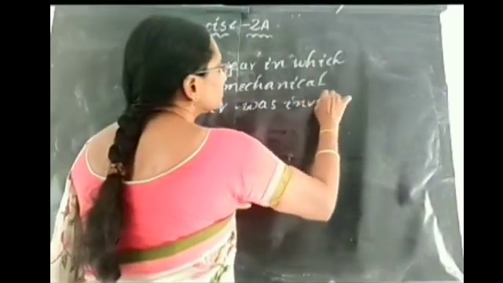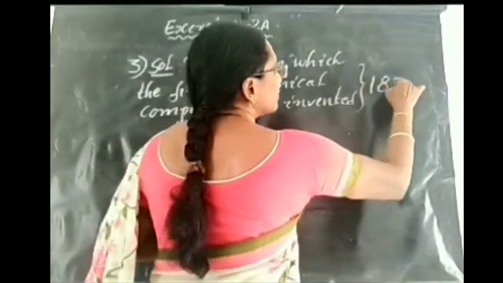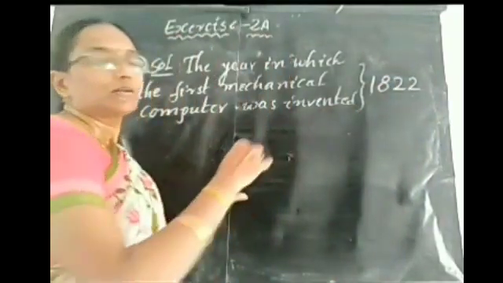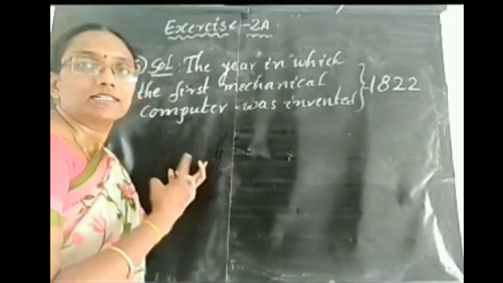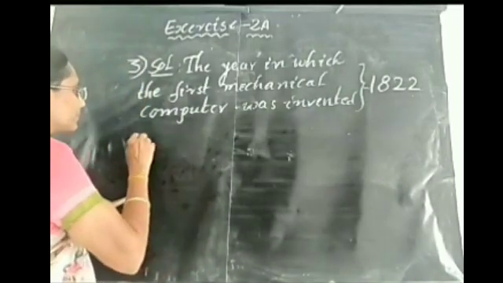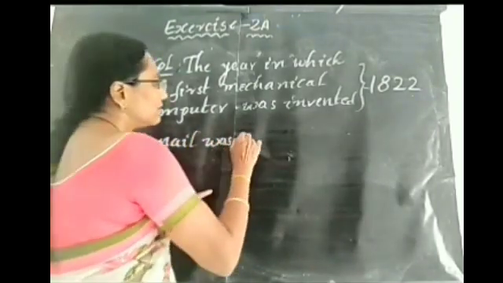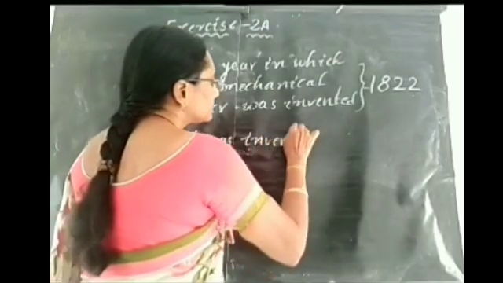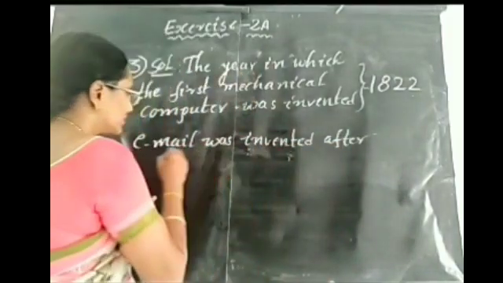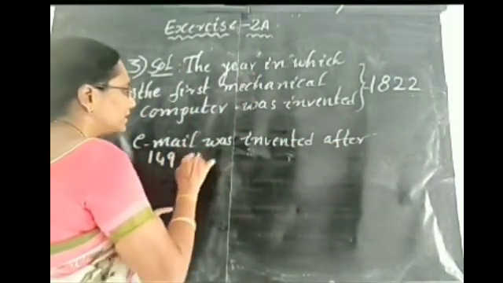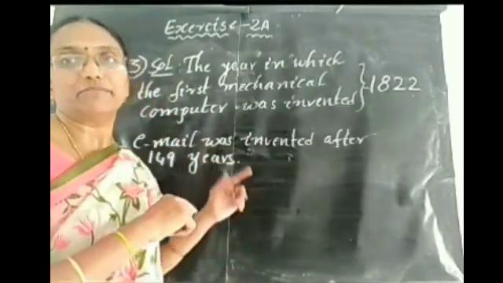In which year? 1822. Okay. Next, after 149 years, email was invented. Email was invented after 149 years. What we have to find? We have to find in which year email was invented.